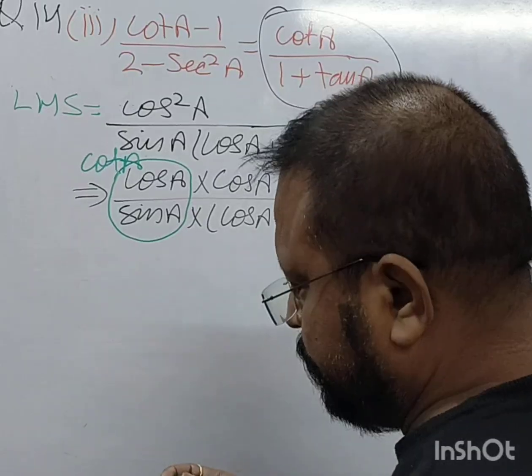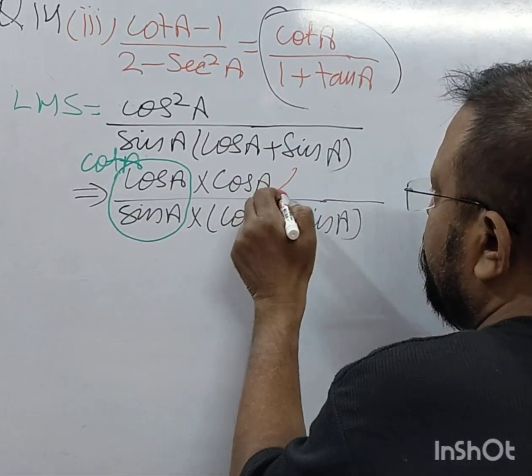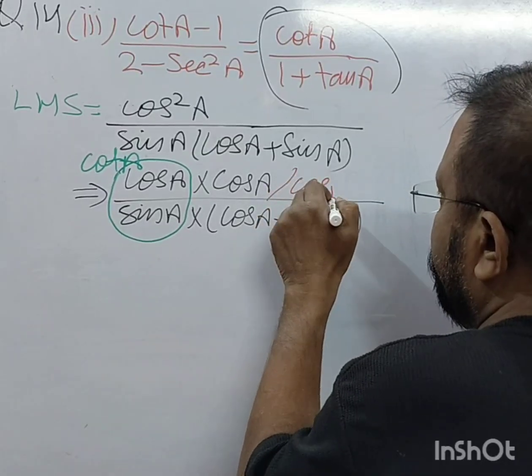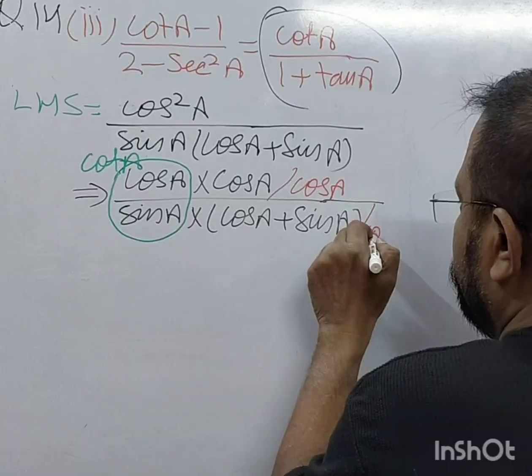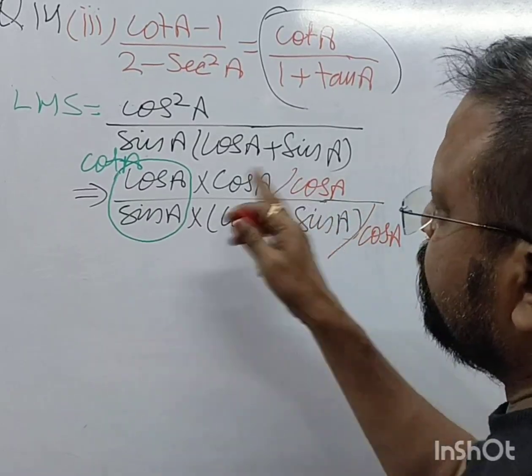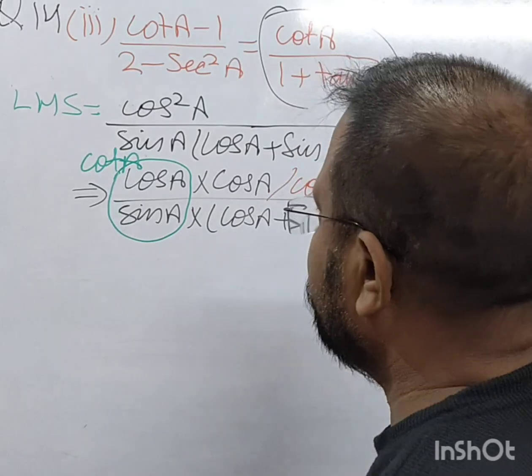And dividing both sides by cos A. Right? So what will you get here?